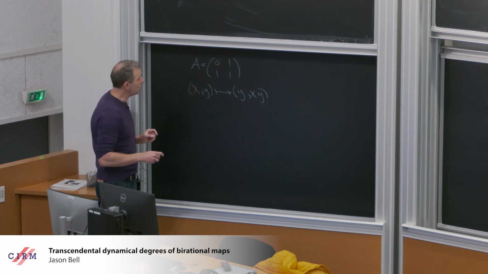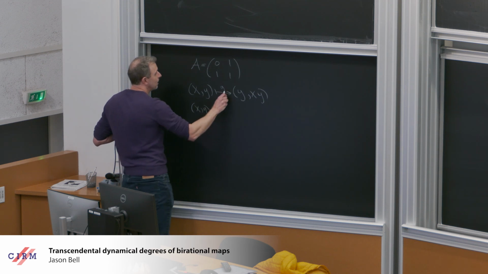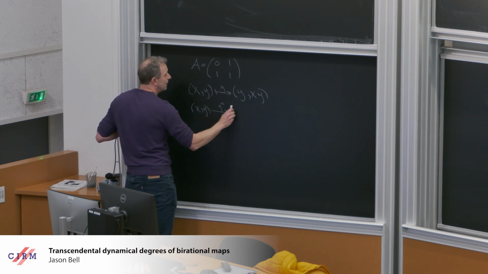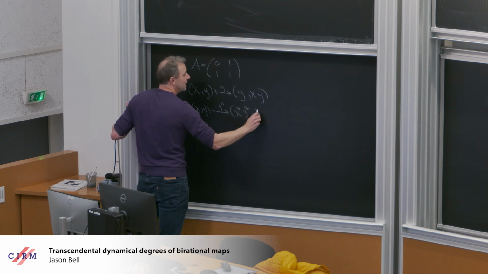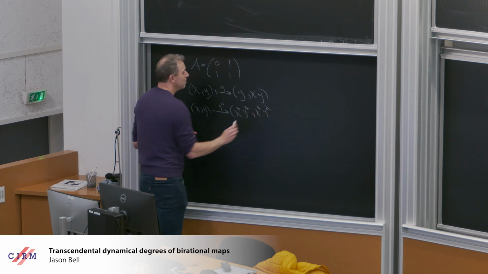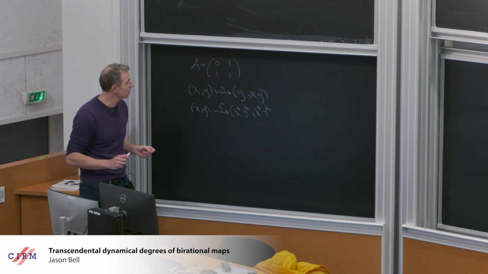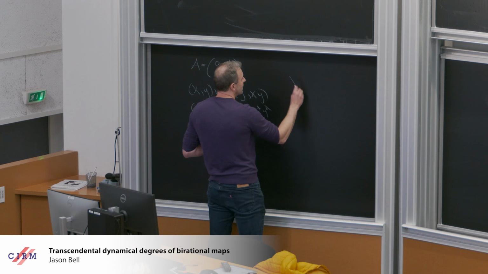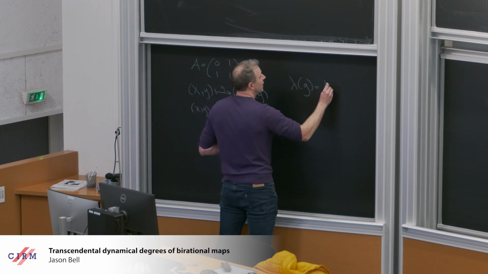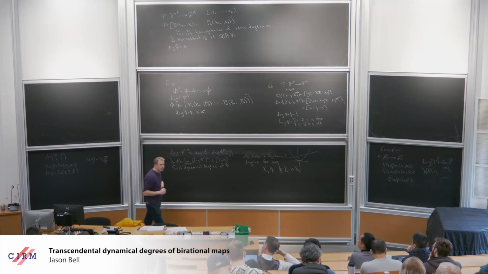And this is a monomial map. And it's a straightforward exercise that if you iterate this map, well, I say it's a straightforward exercise. I don't know what you get here. But basically, you get something with Fibonacci numbers because of the eigenvalues of this matrix. Fibonacci numbers grow like the golden ratio, and we can see that the dynamical degree of this is 1 plus root 5 over 2.